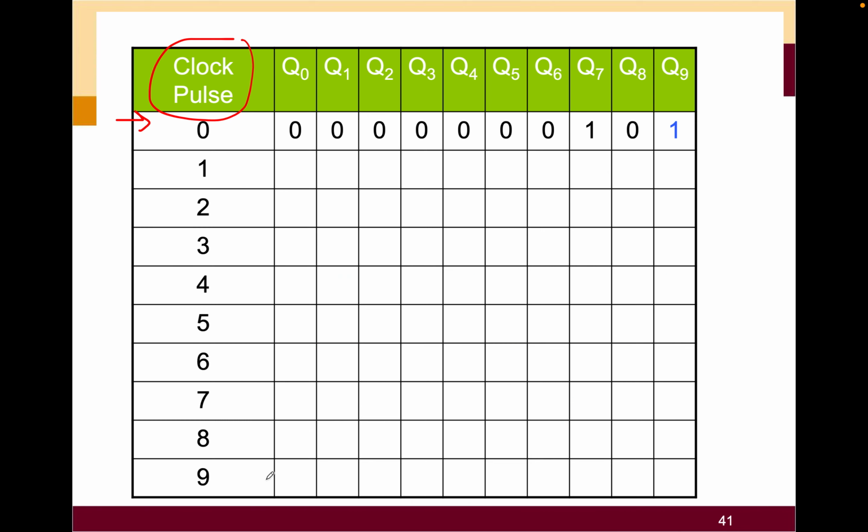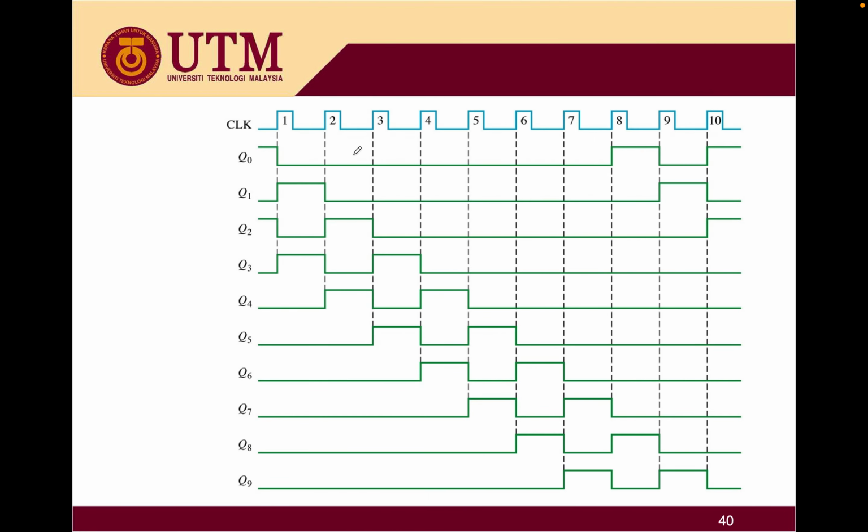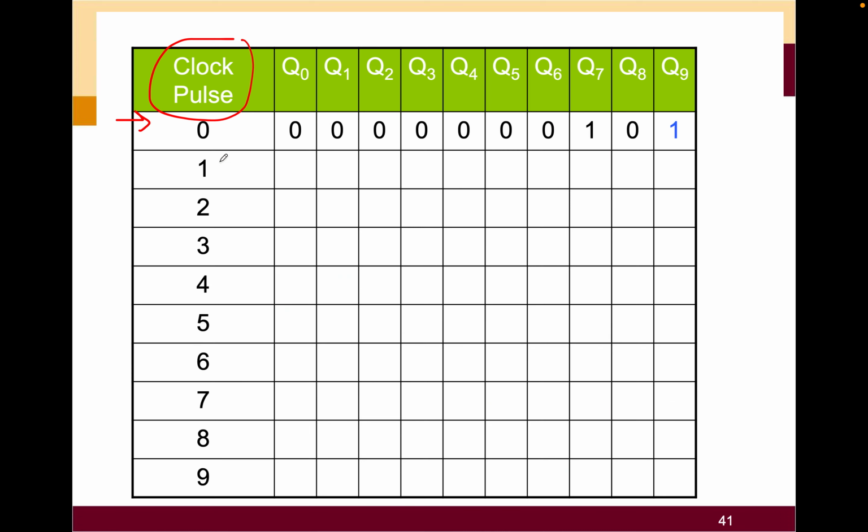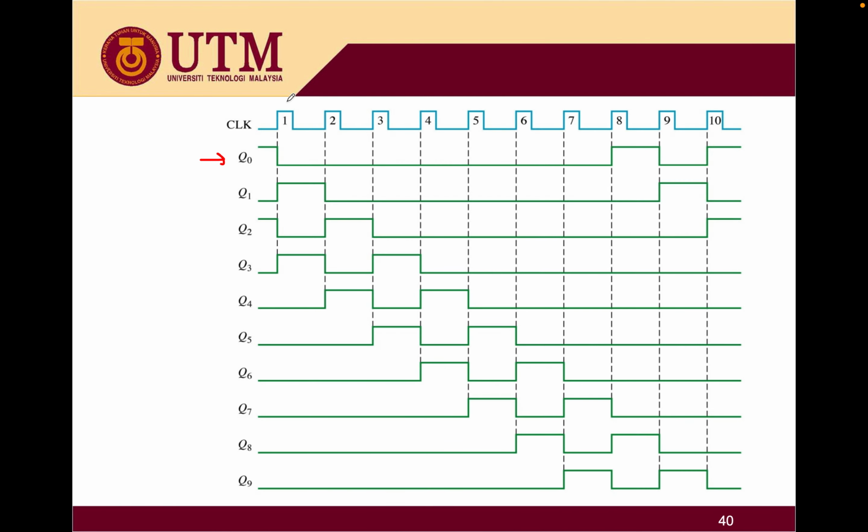Okay, this one is the final value. You can see here for your Q0. And then you're going to have the clock pulse 1. What is the value of your Q0 now? You can see at Q0, what will happen?